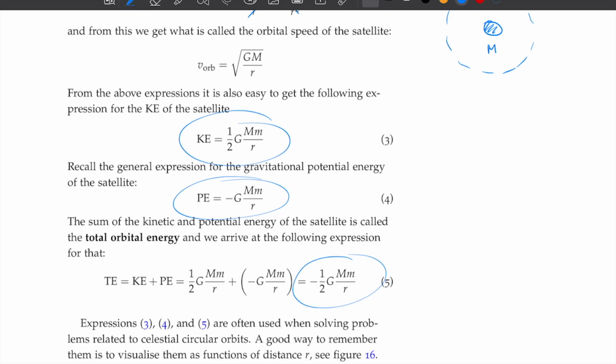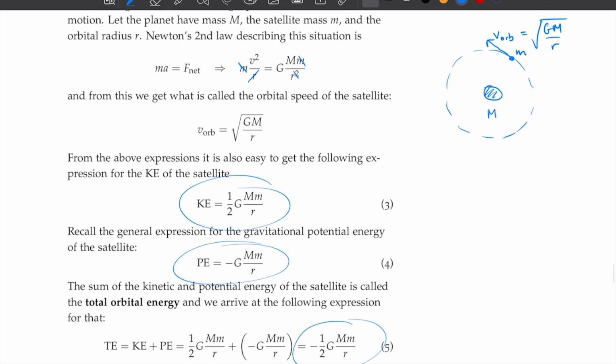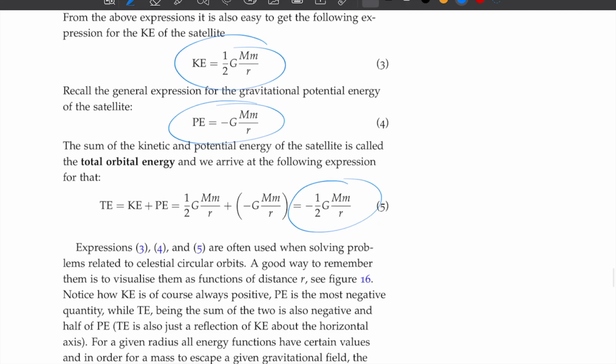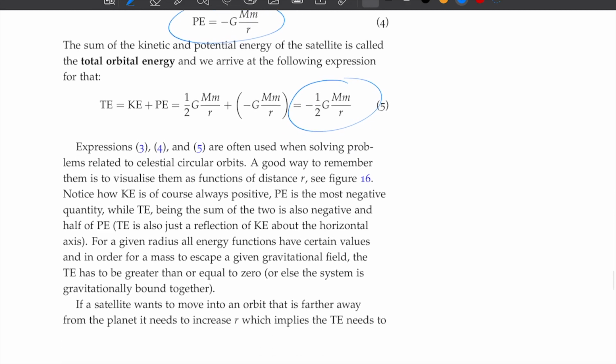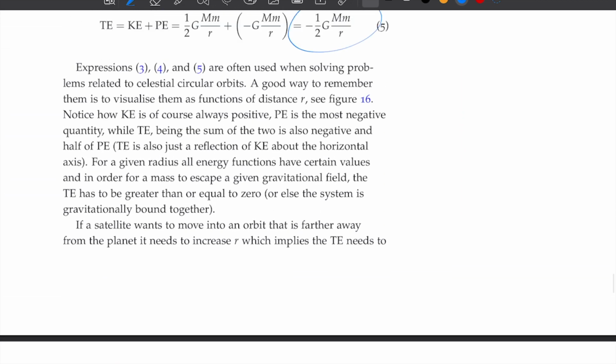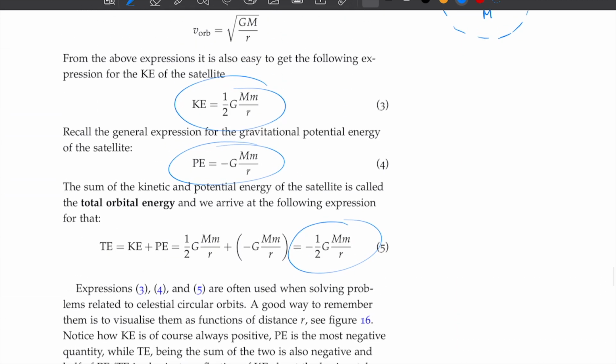So these three expressions are really important in orbital mechanics, and we're going to be using them quite a lot when we solve problems. One really good way to remember these expressions is to think of their graphs, which I'm showing here. Now, kinetic energy is always positive.